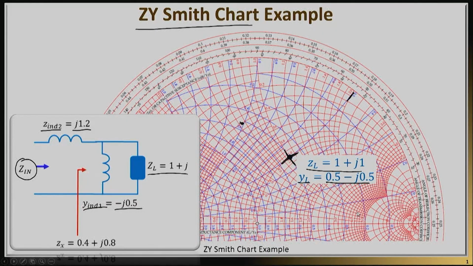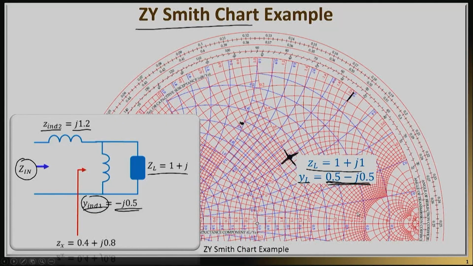All right. Now I'm adding this inductance here, Y inductance 1. And it's much easier to work with admittances because the two loads here are in parallel. So I start with 0.5 minus j0.5, and I have to add another negative j0.5. So the real part will remain the same, but the imaginary part will become negative 1.